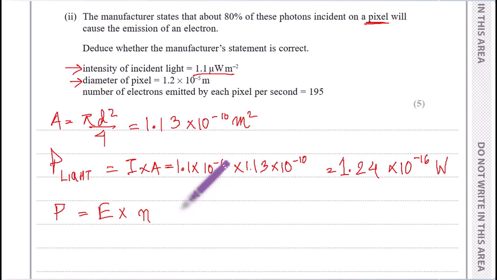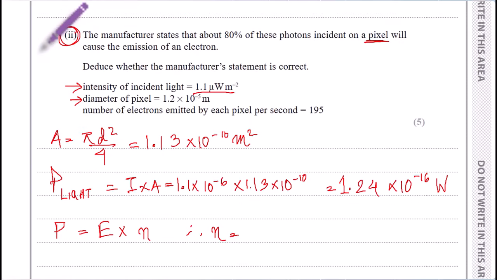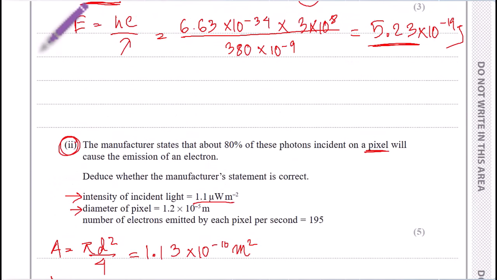And since it's per second, you can also call it frequency. Therefore, N, the number of photons arriving, is power divided by energy. And guess what? This is in part 2. And we had already found out the energy of each photon in the previous part.